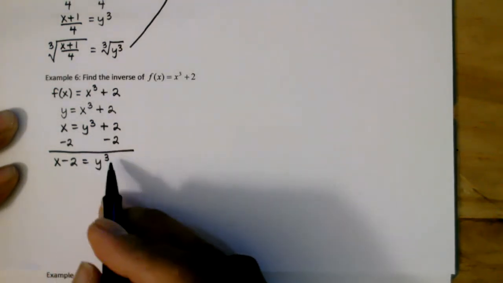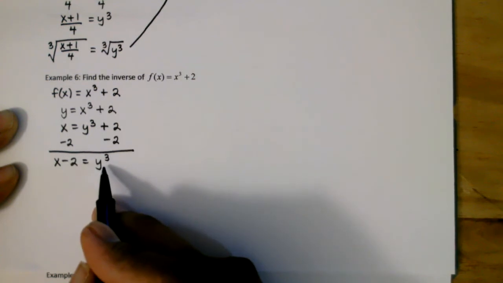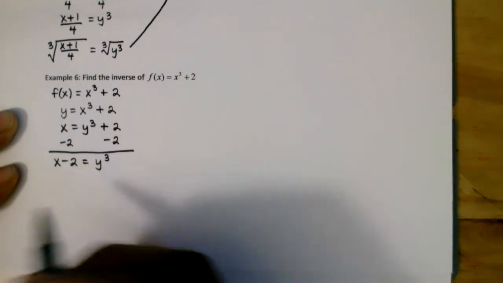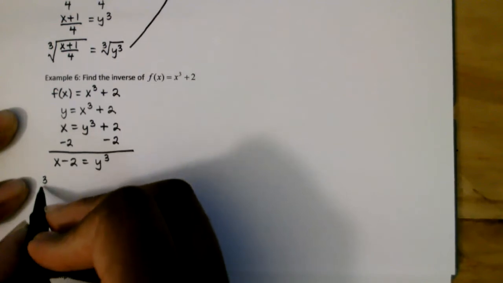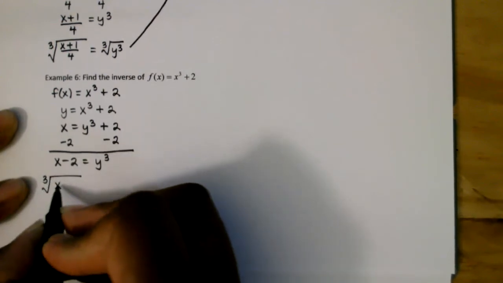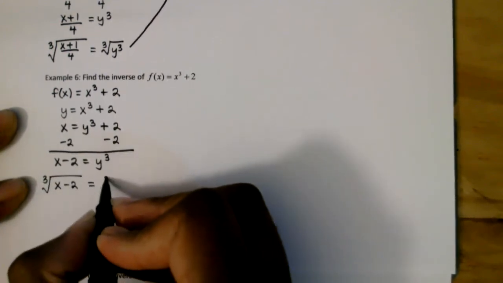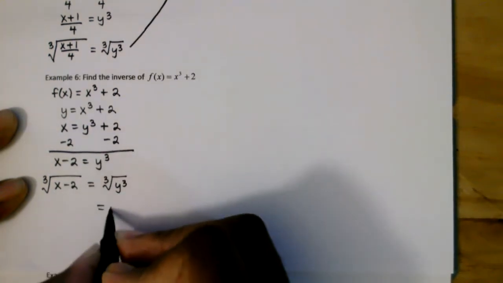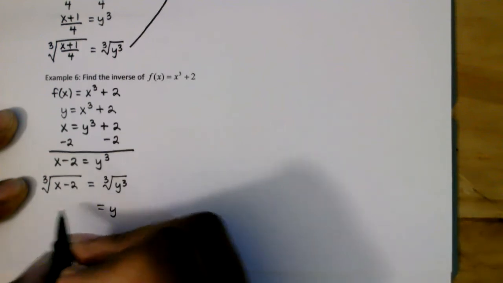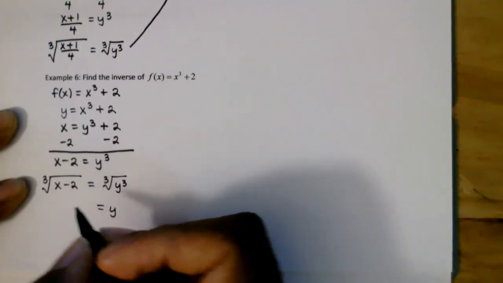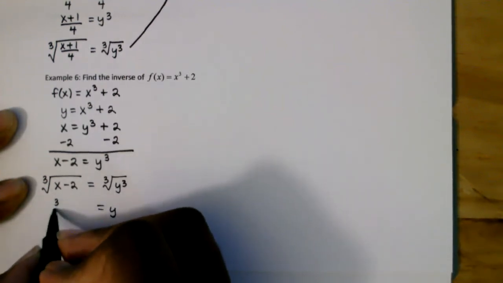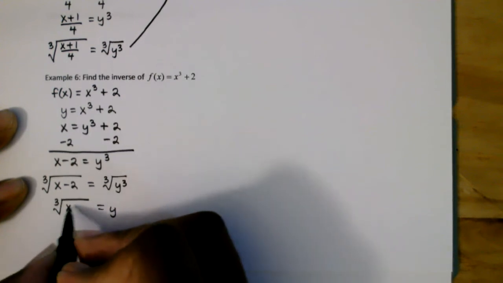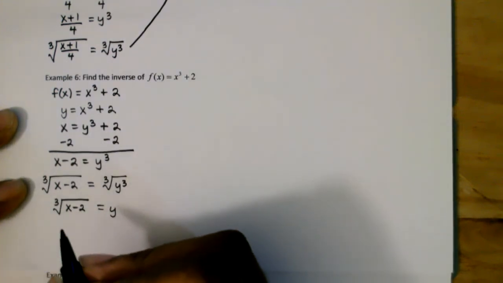And then to get rid of the cube, the opposite of cubing something will be to take the cube root on the left side and on the right side. So that means I have a y here because the cube root of y cubed is y, and then that's equal to the cube root of x minus 2.